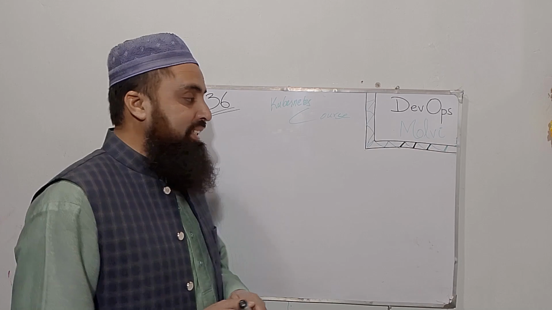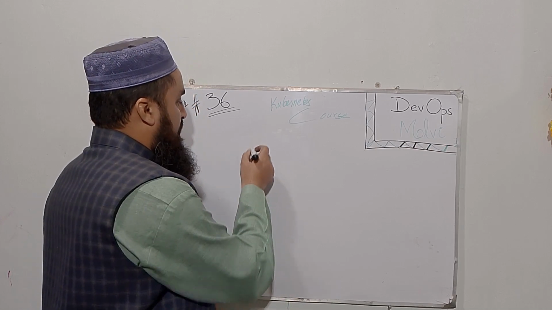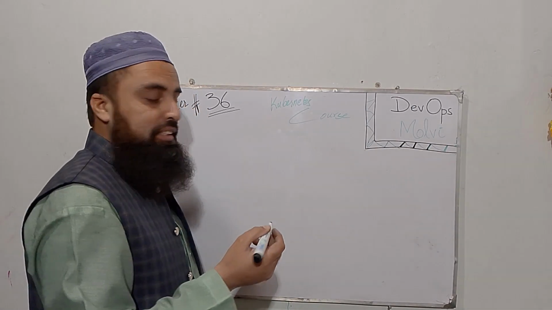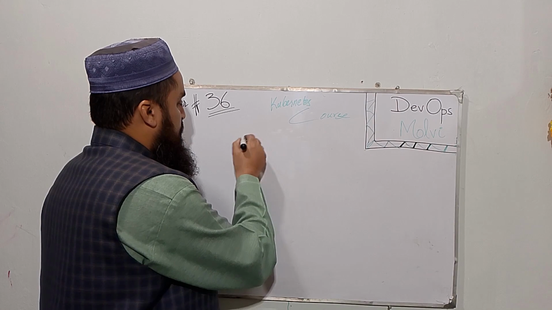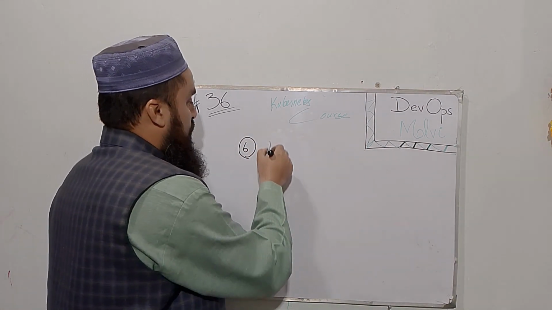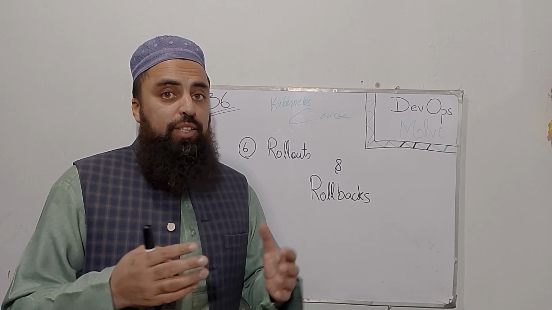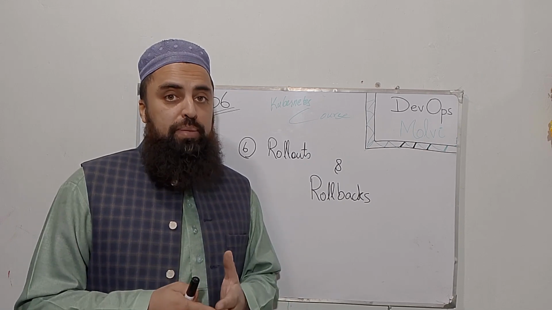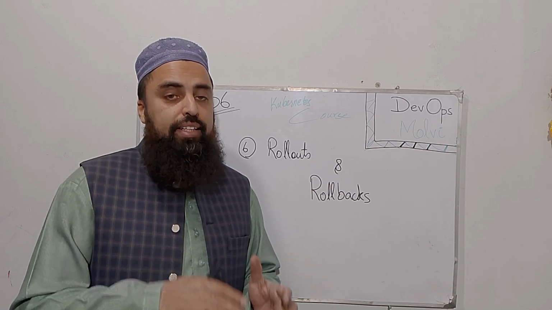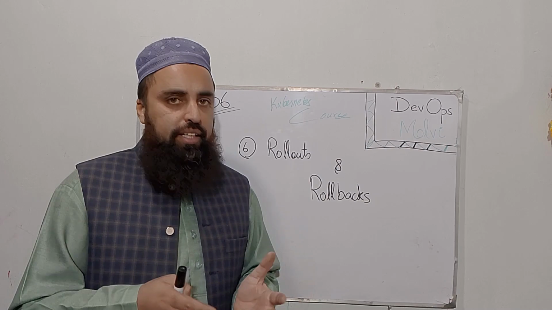Alright guys, number 6th and the last point of today's lecture: what is Kubernetes used for? It is used for rollouts and rollbacks. Guys, we know that in software development, our developers work and they introduce new features in any application.